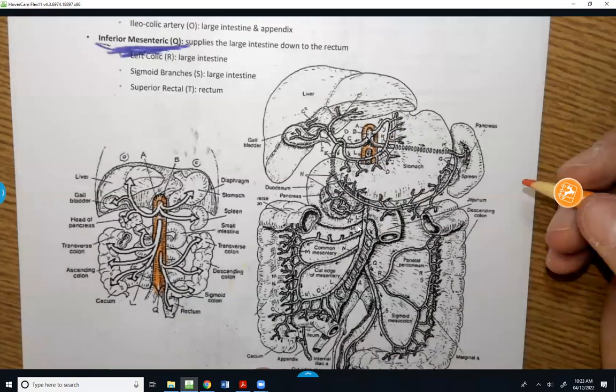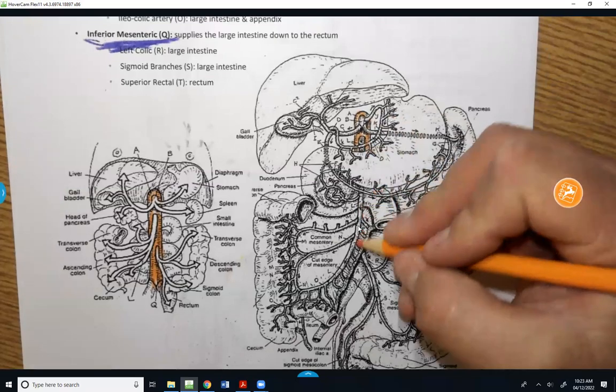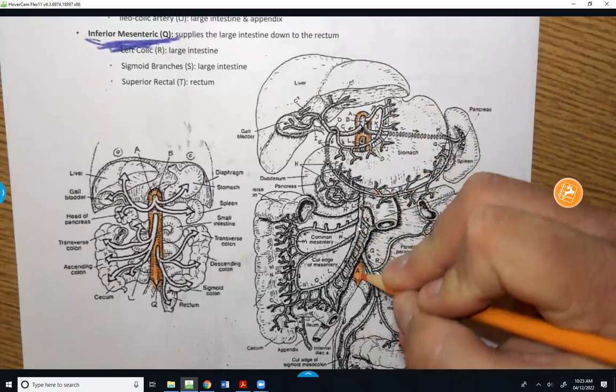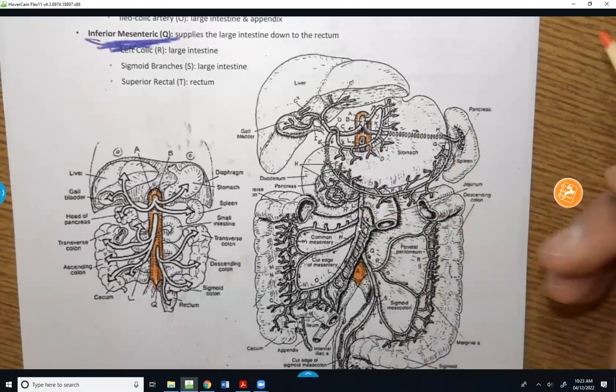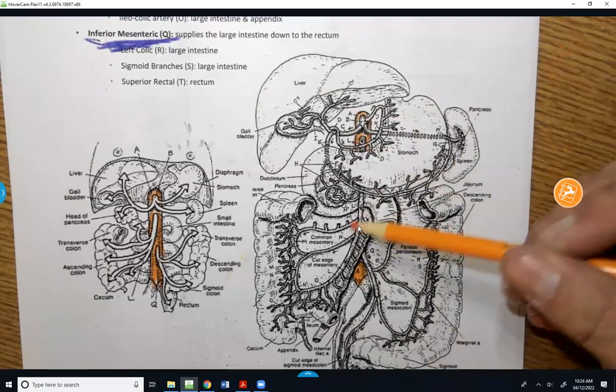Here's the aorta, then we lose sight of it because it dips in behind the stomach. And then we don't see it again until it's almost completed its journey down the abdomen. Right there.